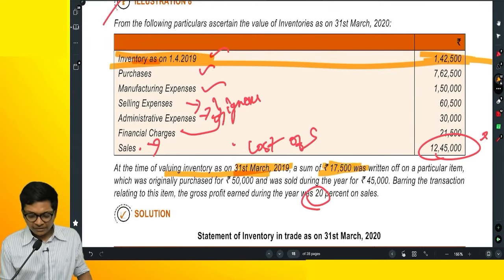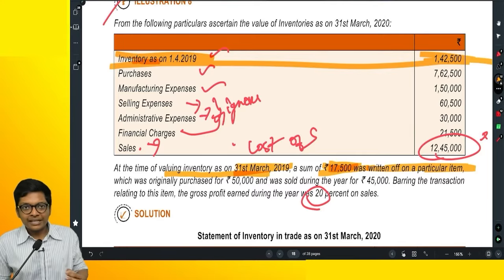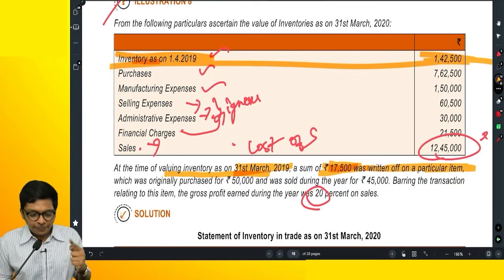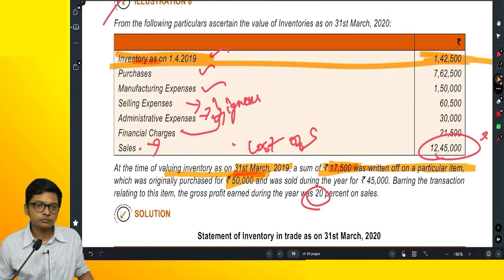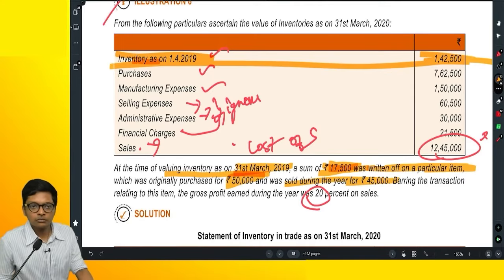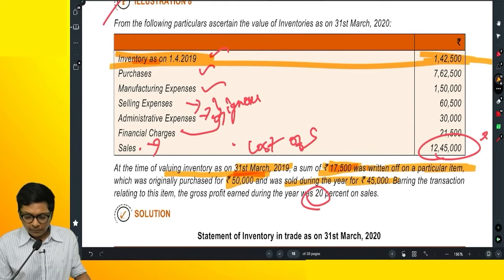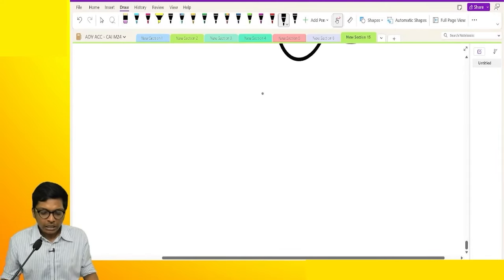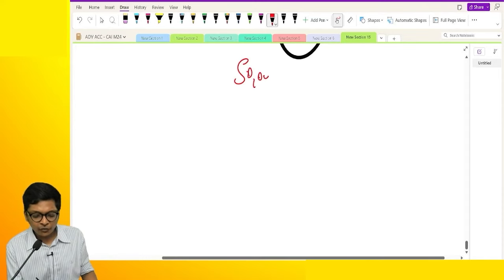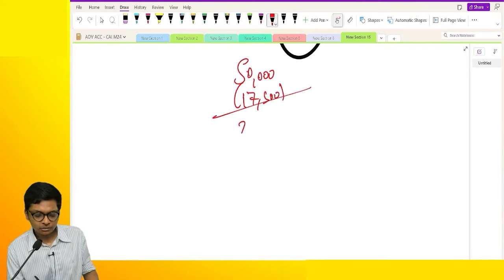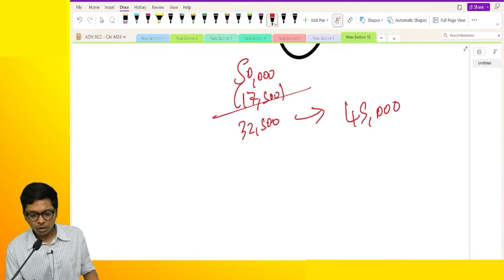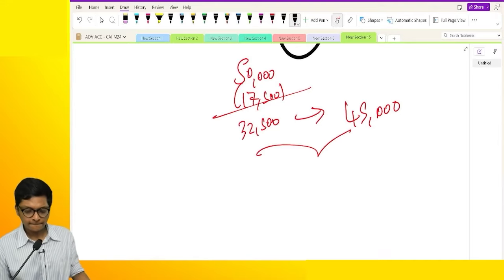See, a sum of 17,500 was written off on a particular item which was originally purchased for 50,000 and it was sold for 45. That means a stock which is purchased for 50,000, written off, balance. This is sold for 45. What is the profit margin on this?